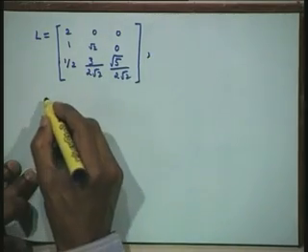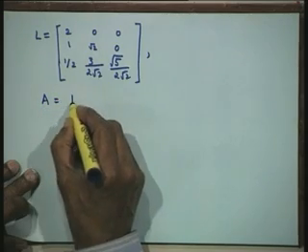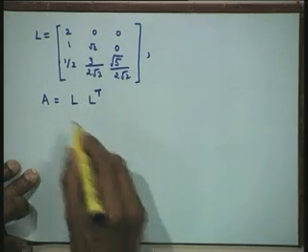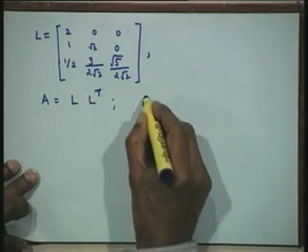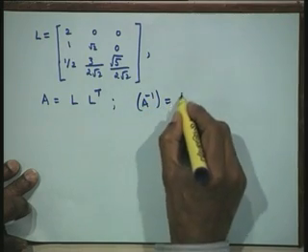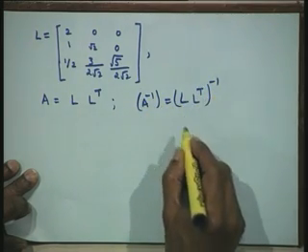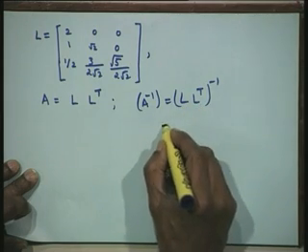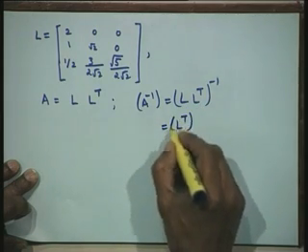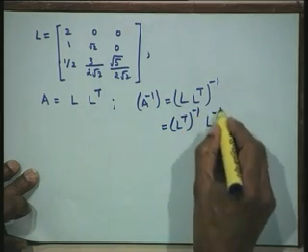Now what is it we want? We want the inverse. We have written A is equal to L into L transpose. I invert it, so I will write down A inverse is equal to L L transpose inverse. Now in inverting the product, it gets interchanged, L transpose inverse into L inverse.